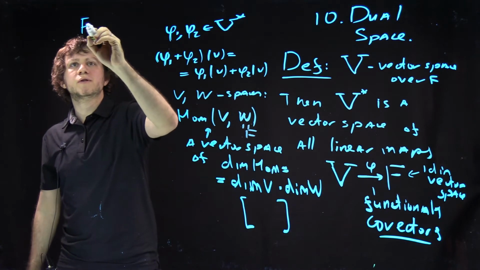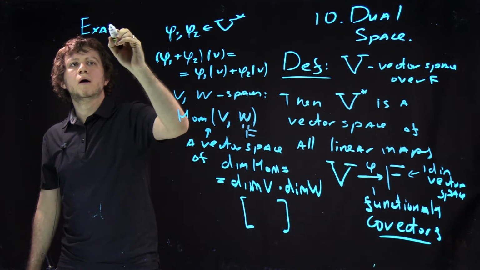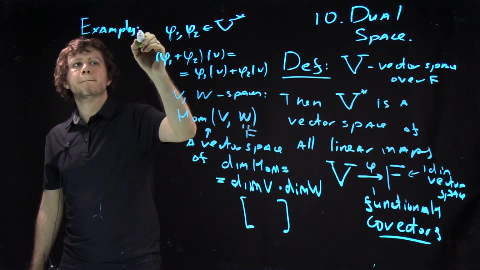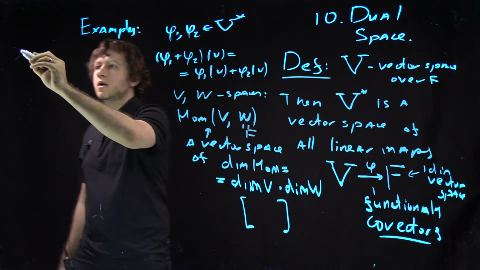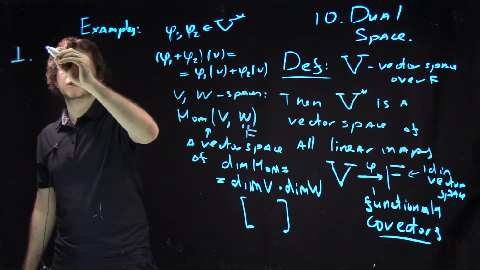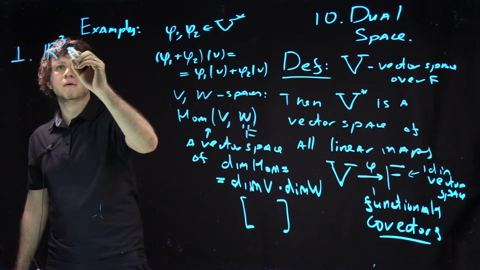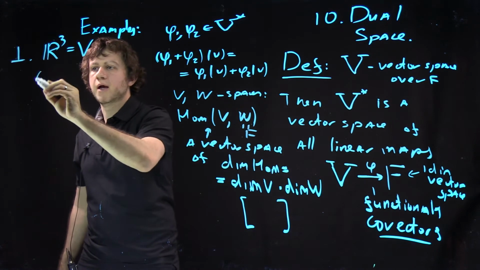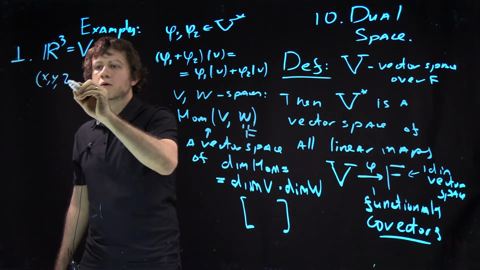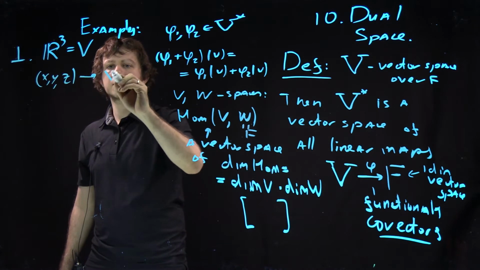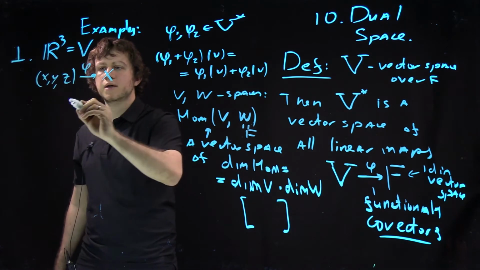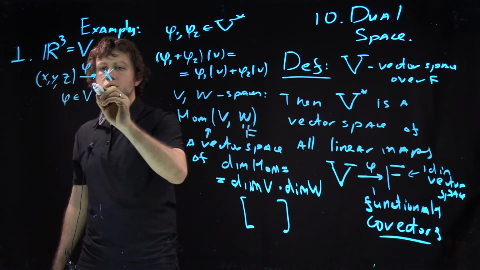So there are lots of interesting examples. The first one, let's do something totally stupid. You can take, say, R3, and this is V, and then you can take the following map: x, y, z goes to x. This is a map phi, and this phi is inside V dual.